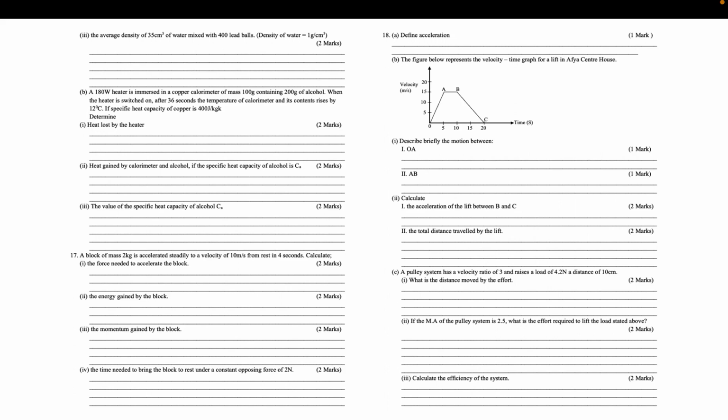If specific heat capacity of copper is 400 J/kg K, determine: (i) Heat lost by the heater. 2 marks. (ii) Heat gained by calorimeter and alcohol, if the specific heat capacity of alcohol is Ca. 2 marks. (iii) The value of the specific heat capacity of alcohol, Ca. 2 marks.